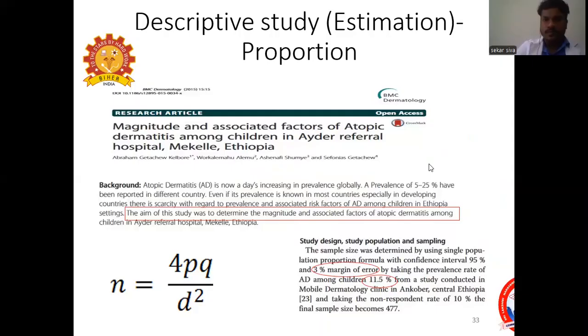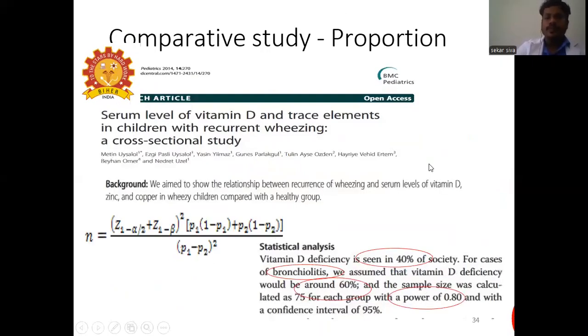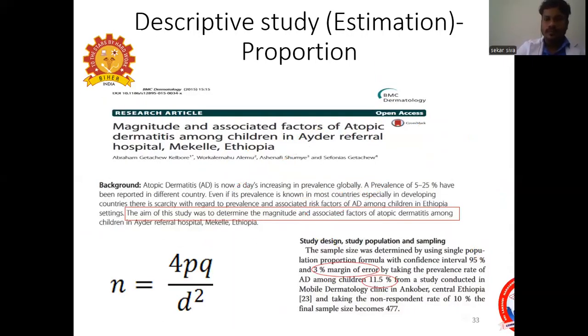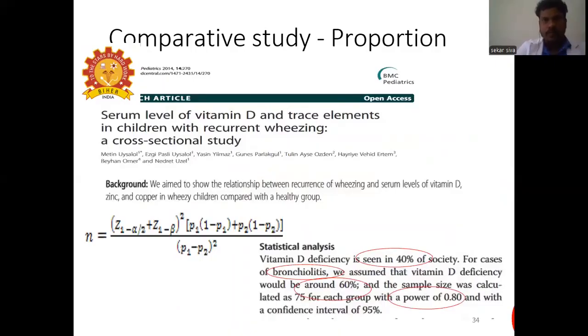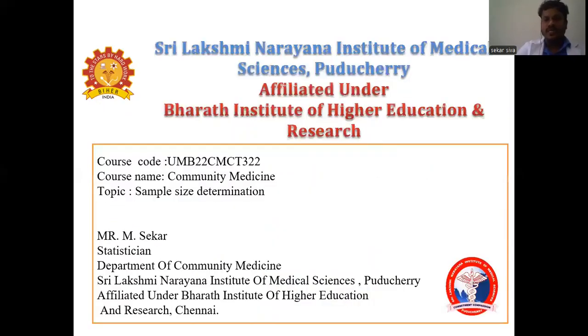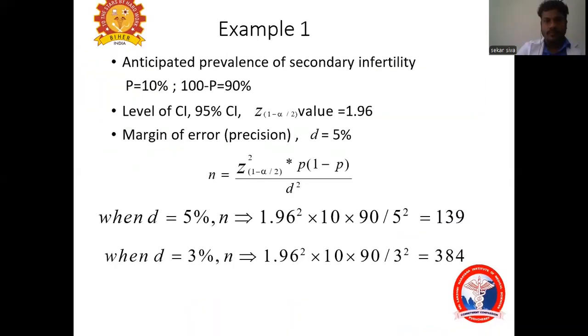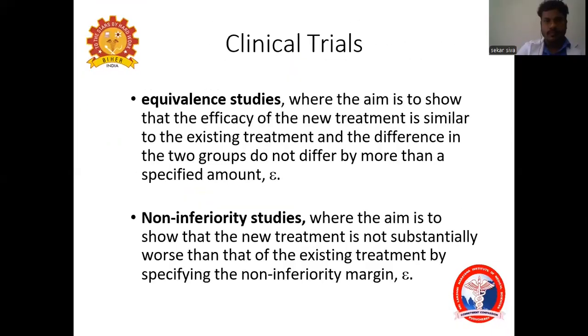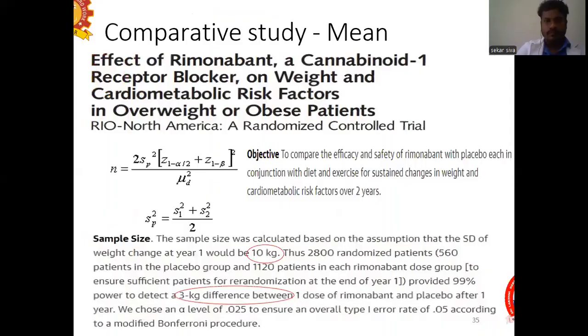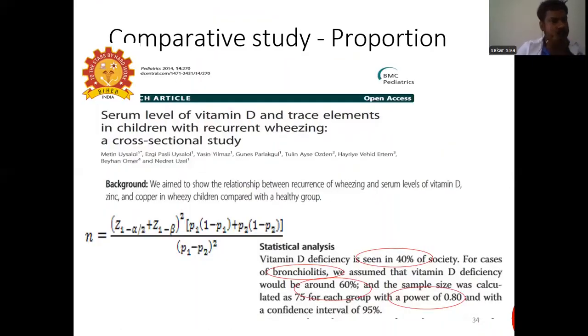And the next statement. For a comparative study of proportions, serum level of vitamin D and trace elements in children with recurrent wheezing, cross-sectional study.